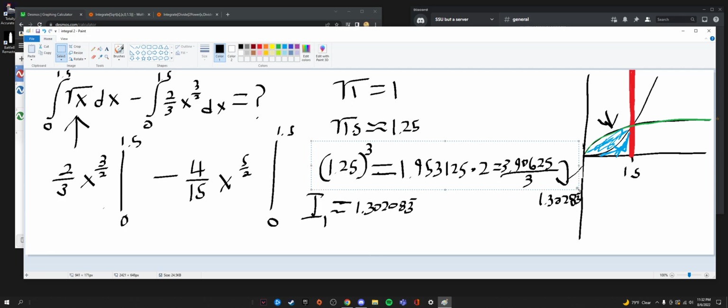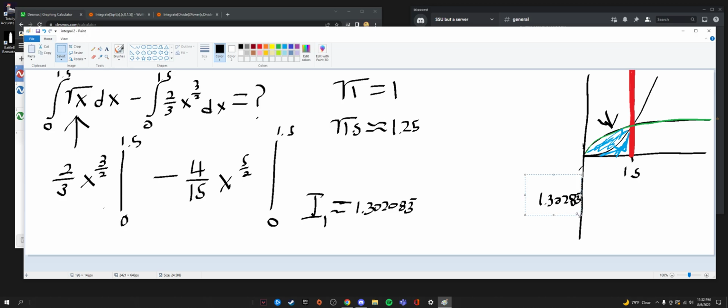I sub 2, I guess. And then we'll subtract. So now we have to do 1.25 to the 5th, which I also did out by hand.